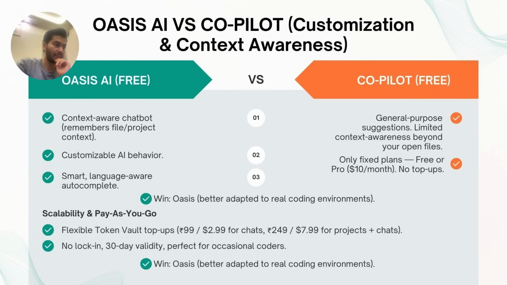Oasis also has customizable AI behavior, and Oasis also provides top-ups so that a user on the free tier can also see the benefits he gets in the pro tier without going to the pro tier as the first step.